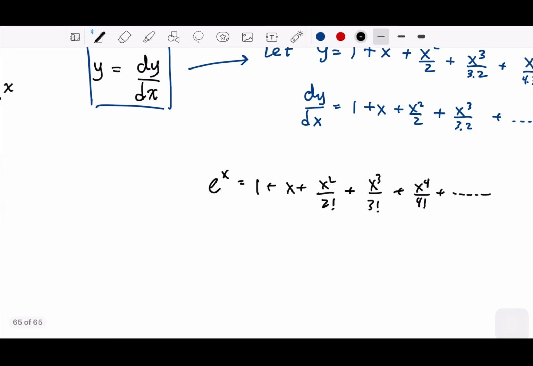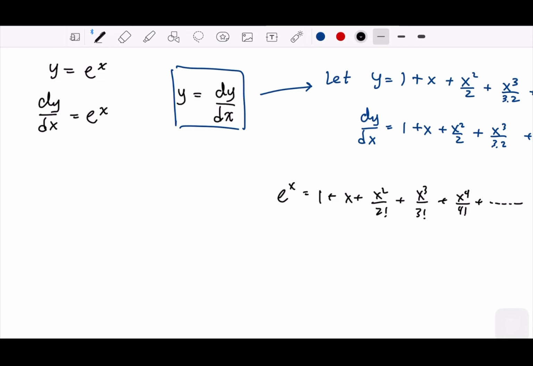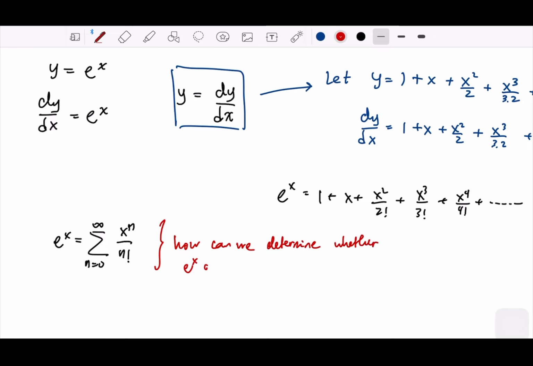Okay, but we have another question. If we know that e to the x has a power series representation, then the question will be, how can we determine whether e to the x has a power series representation?